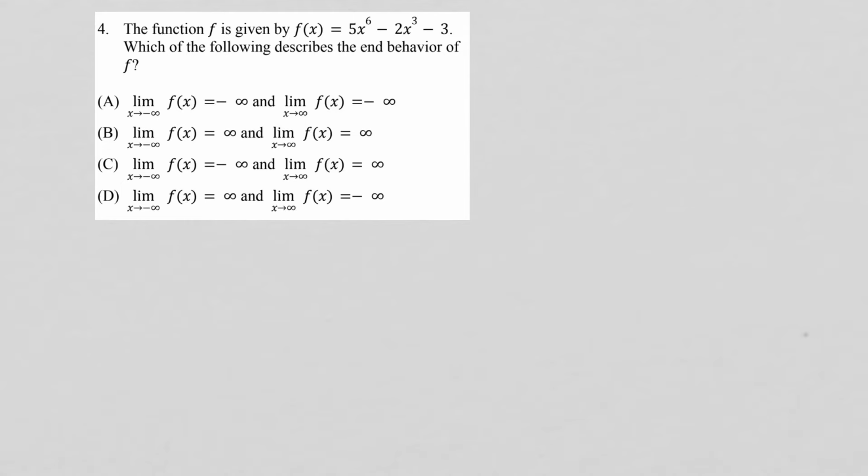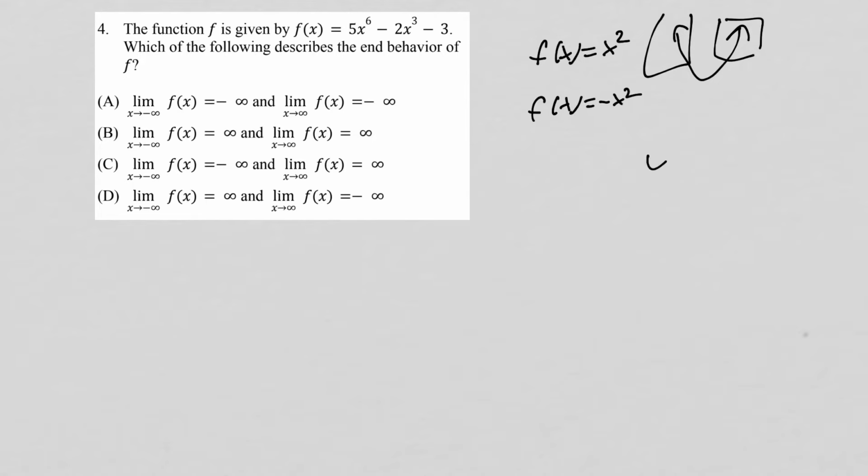Number 4. Here's a function, a 6-degree function. So when they talk about end behavior, some graphs, like if it was f of x equals x squared, it would look like a smile. The ends would be going up in both directions. Whereas f of x equals negative x squared, the ends would be going down on both sides.